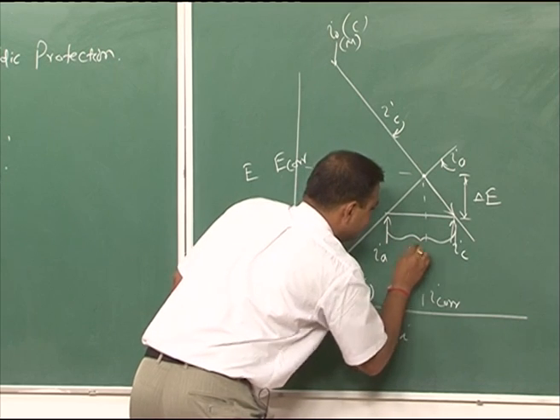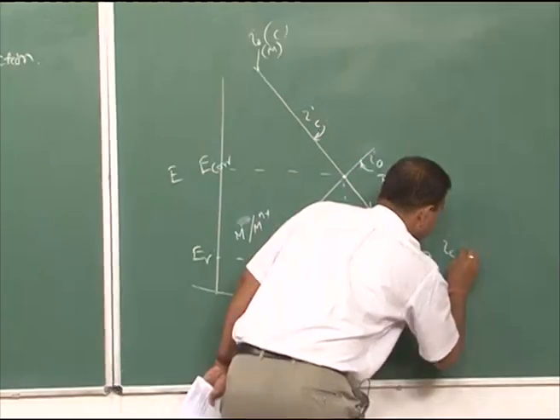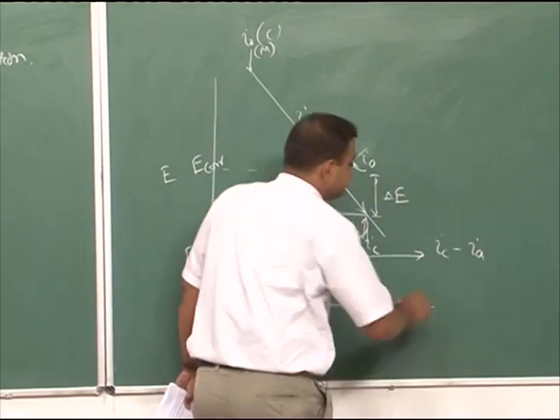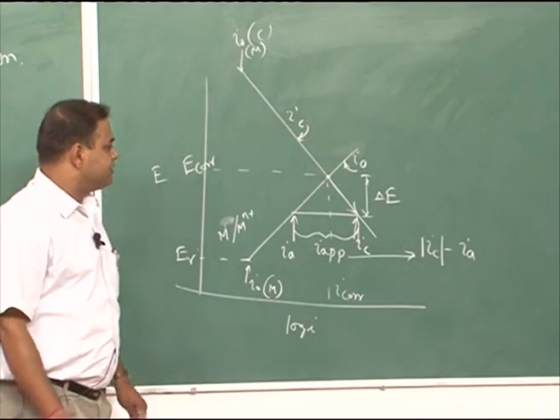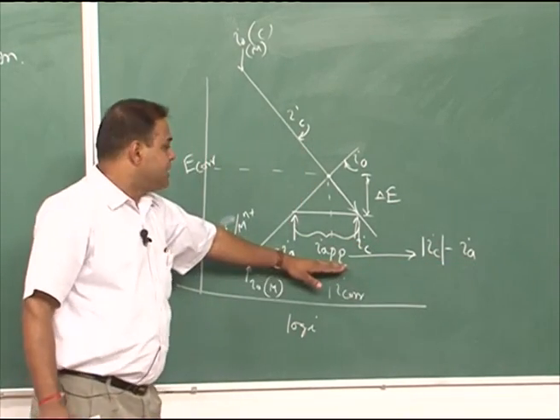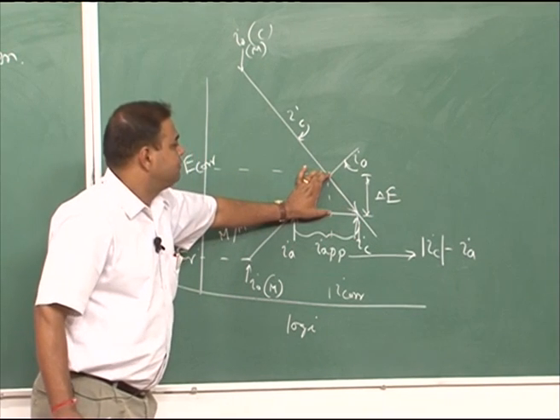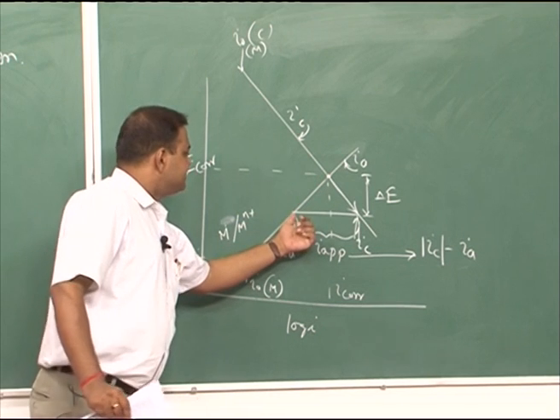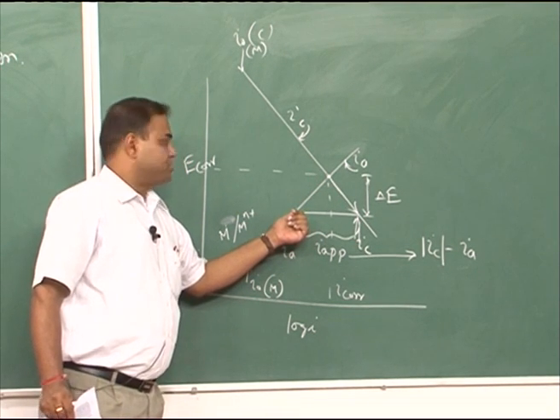This is my I applied, which is IC minus IA. Since IC is considered to be negative current, I put a mod value, so this is the value of I applied. At this value of I applied, I will have this much polarization and this is my current density for the corrosion.